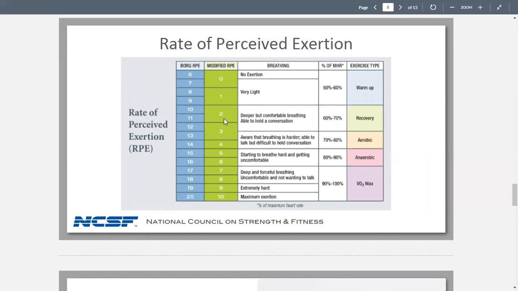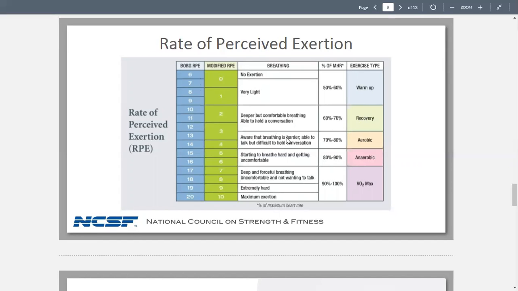That is your warm up. When you are breathing a little bit deeper but comfortably, able to hold a conversation, you're at about a 2 to 3 on the modified scale and about a 10, 11, and 12 on the Borg RPE scale. That is recovery, 60 to 70%.